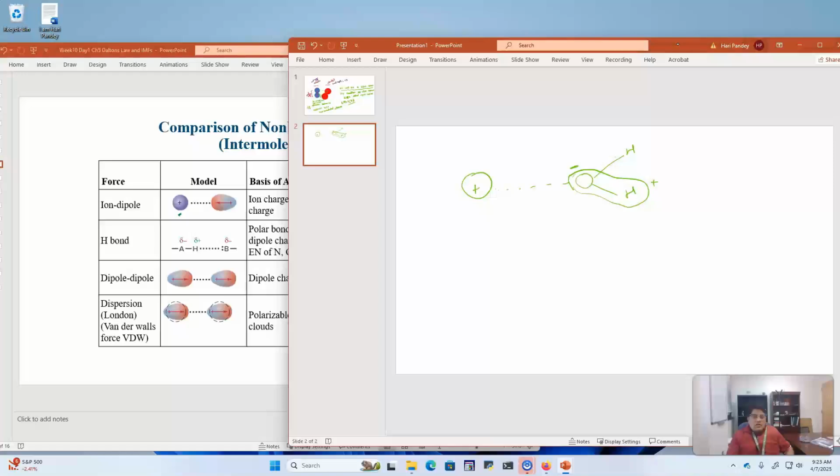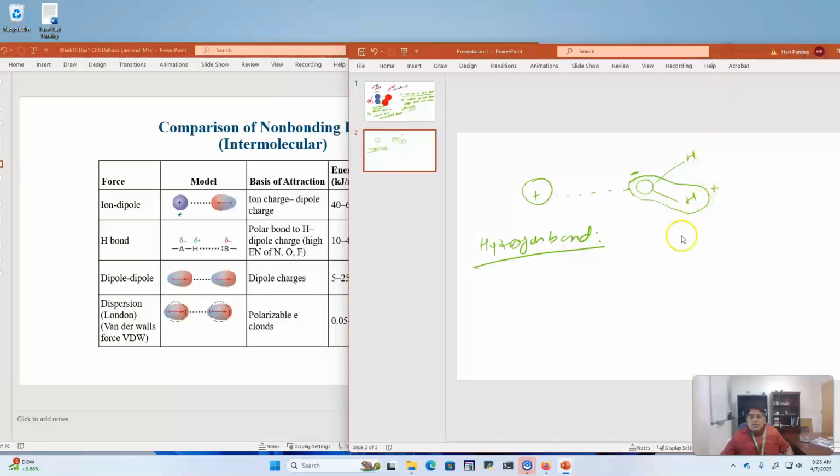The other is the hydrogen bond. The hydrogen bond is the bond formed by the partial charges between dipoles. It is also due to dipole-dipole, but a stronger dipole-dipole, with a polar H bond, H dipole charge, and the high electronegativity of nitrogen, oxygen, and fluorine.